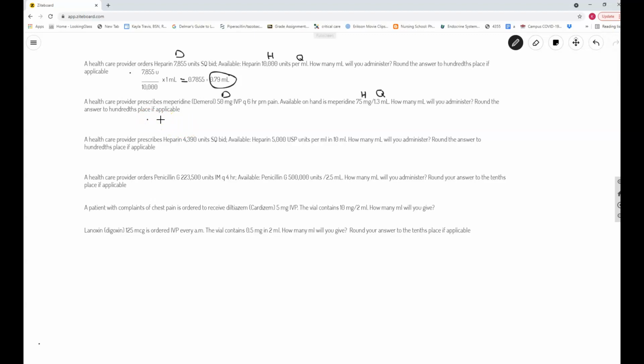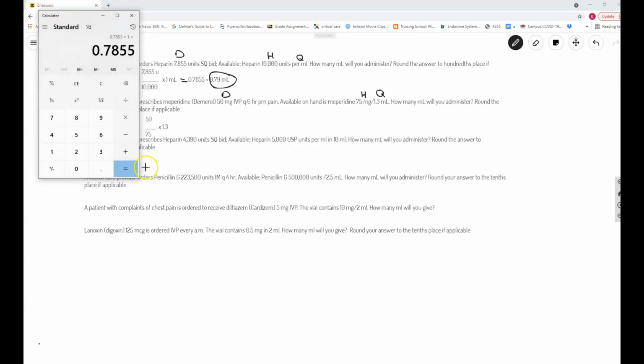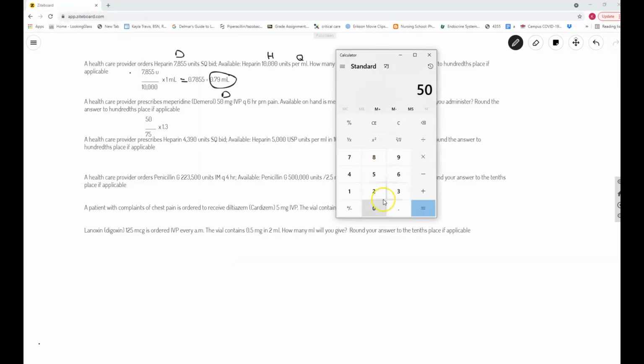So same principle. I put what I want on top of what I have, which is 75, times 1.3. So when I go to my calculator, I'm going to clear out my previous problem, and I'm going to do 50 divided by 75 times 1.3.